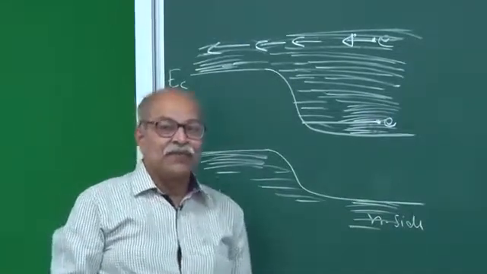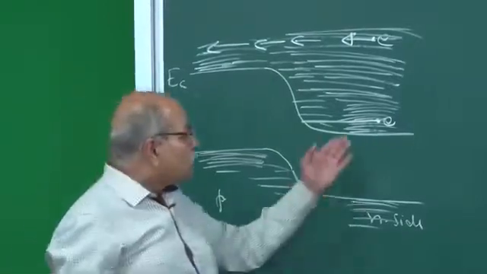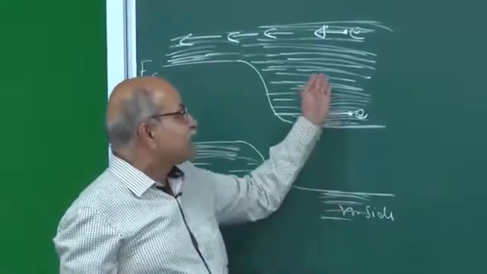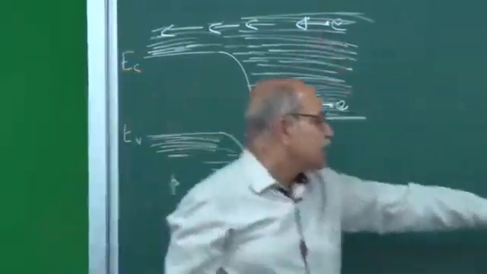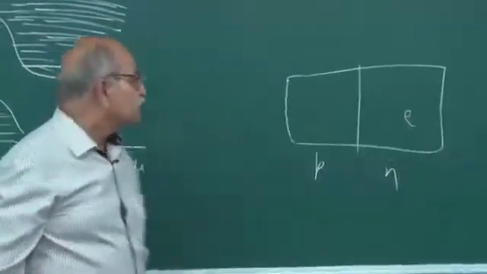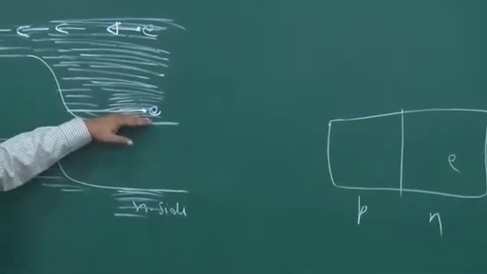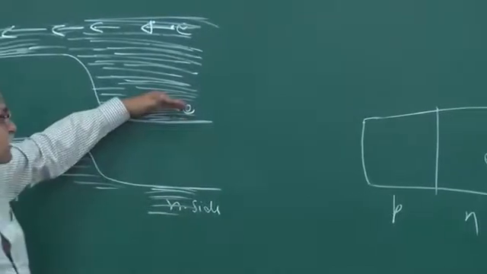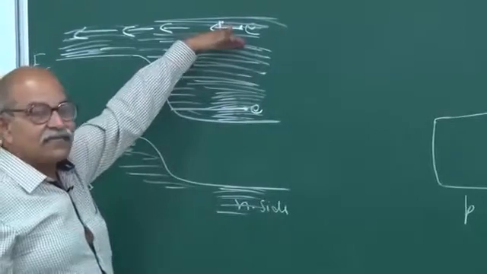So it becomes very important to find the occupancy of these quantum states. If you have many conduction electrons here on the n side, how many of those electrons are in these quantum states, and these, and so on.